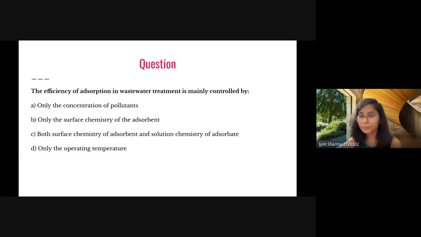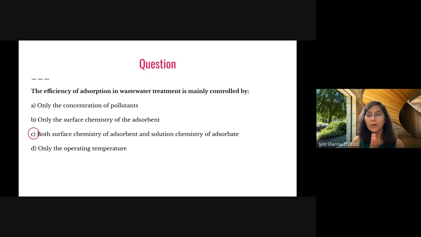So it is C, obviously. Whatever wastewater we have, in that we also have to see what kind of inorganic material we will have, and based on that inorganic material we have to specify what kind of adsorbent we need to use.